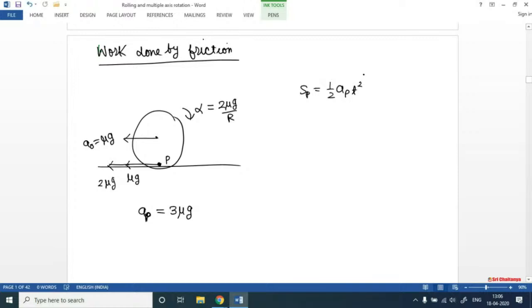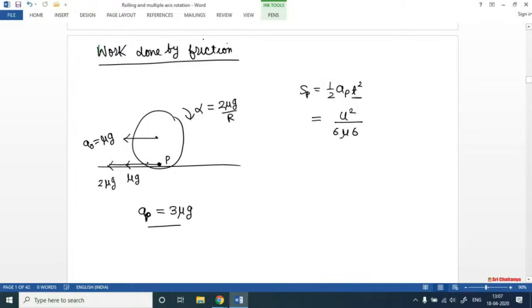Since the final velocity is equal to 0, we can use this formula, and after substituting the value of ap and the time till the rolling begins, you will get u square by 6 mu g. So that would be the displacement of point P in backward direction.